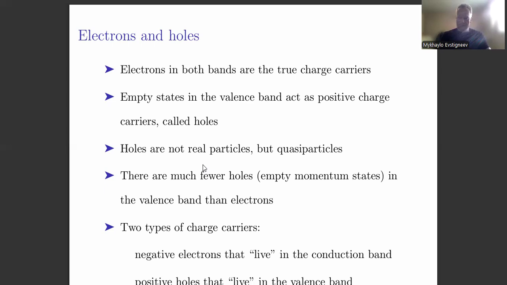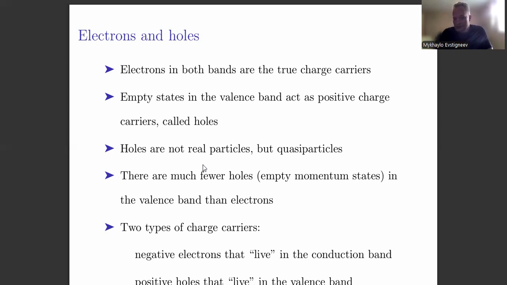Now, the valence band now also has empty states, empty quasi-momentum states, because the valence band has given away some of its electrons to the conduction band. By the way, this fraction of the electrons from the valence band that go into the conduction band is very low. It can be, let's say, 1 part in a trillion, 10 to the negative 12.